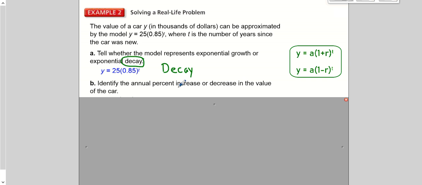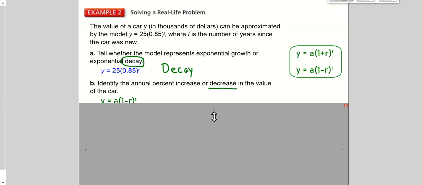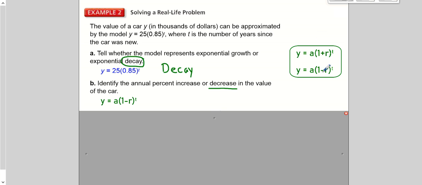Identify the annual percent increase or decrease in the value of the car. So we want to use this one for this word problem. This is the formula we are using: y equals a times 1 minus r to the t power.